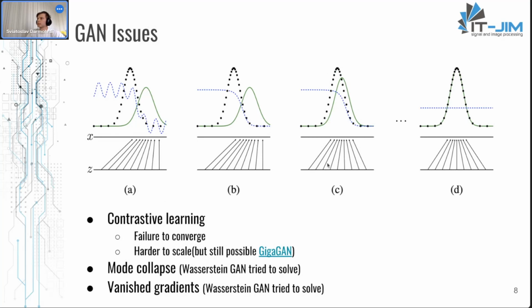This part generates the samples well, but ignores all other samples. And also, if our discriminator is too good, it may not give some gradient signal to train a GAN. But there were obviously attempts to remedy these issues, and the most notable one is Wasserstein GAN.